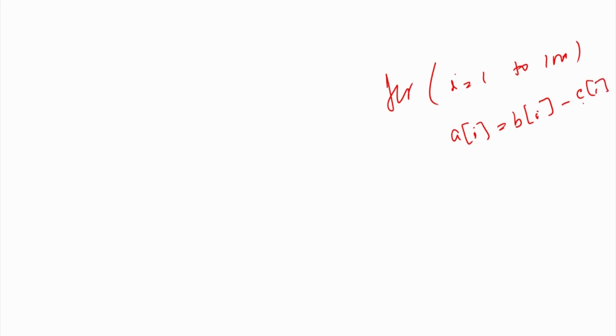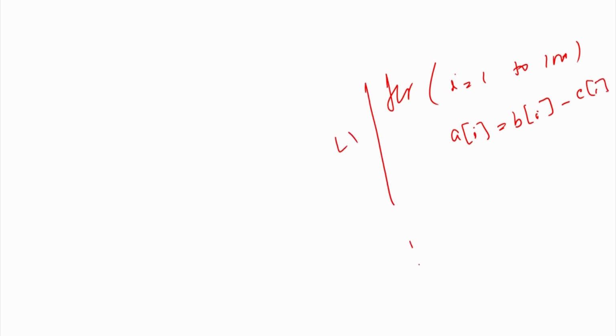So, what I am trying to say is, suppose you have a loop 1, where you are doing, say, i equal to 1 to 100, a[i] equal to b[i] minus c[i], and this is loop 1. Okay.